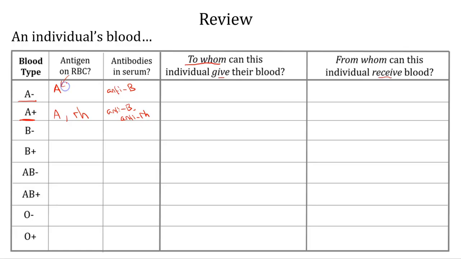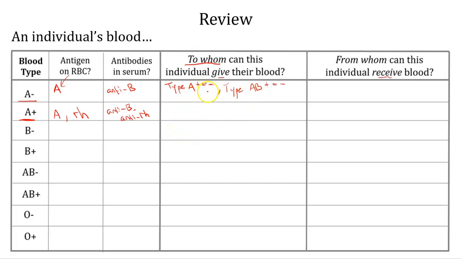So you would want to make sure that they're giving it to anybody that does not have the anti-A antibody in their serum. So you could give this to type A, and you could give it to somebody with type A minus or negative, positive or negative. You could give it to type AB, positive or negative, and that's about it.